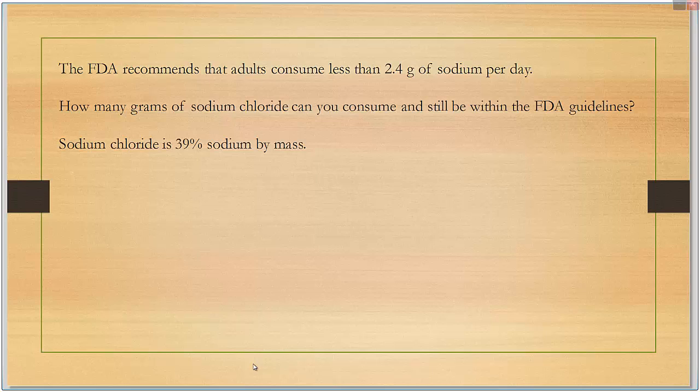The FDA recommends that adults consume less than 2.4 grams of sodium a day. How many grams of sodium chloride can you consume and still be within the FDA guidelines? Knowing that 39% of the mass of sodium chloride is coming from sodium.